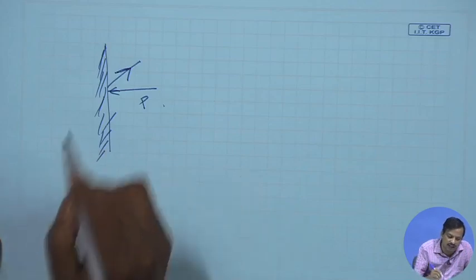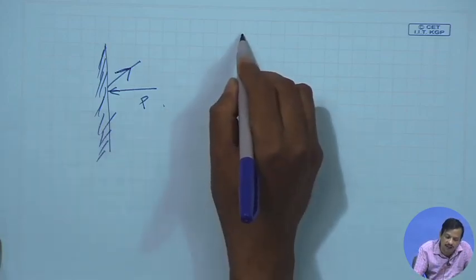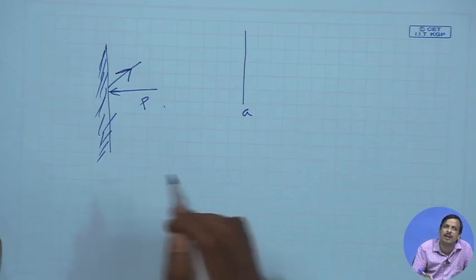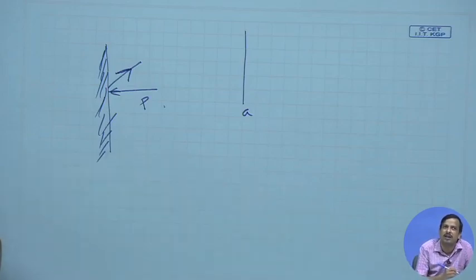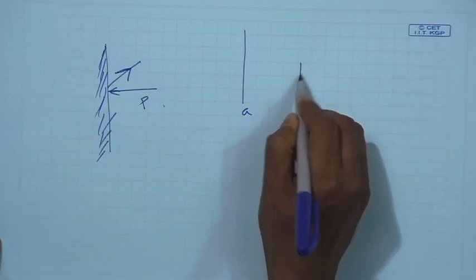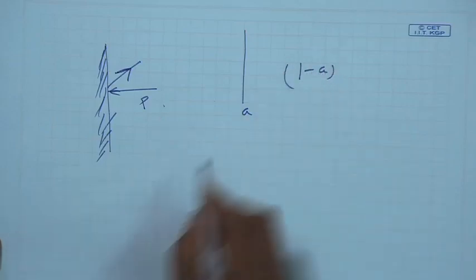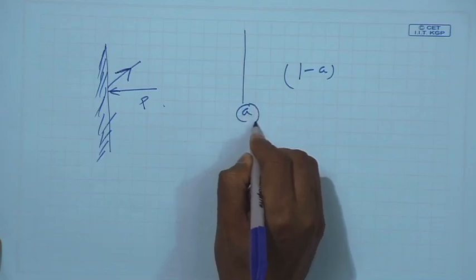So, if a surface has an absorption coefficient A, that means if P is incident on that surface, P times A will be absorbed by the surface. So, the reflected is 1 minus A. So, A is called the absorption coefficient.